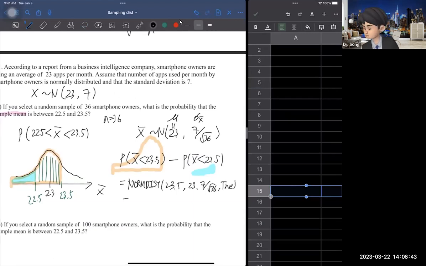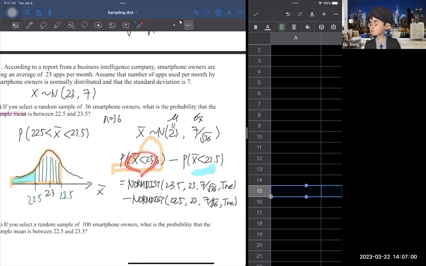Then you get the first one, and the second one is the same, NORM.DIST of 22.5, mean equals 23, standard deviation is 7 over square root 36, and 2. The 2 means that you calculate from negative infinity to 23.5, then you get this yellow one. And with 22.5, mean equals 23, standard deviation 7 over square root 36, and 2, you find from negative infinity to 22.5 this blue shaded area.